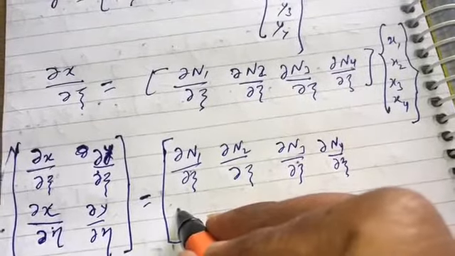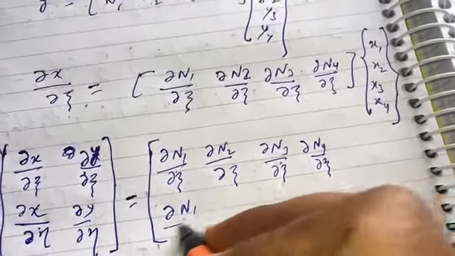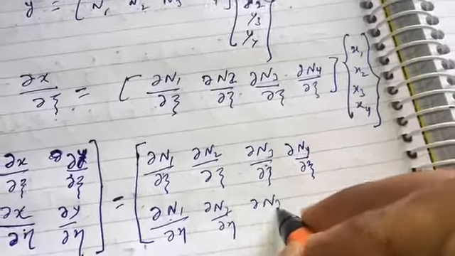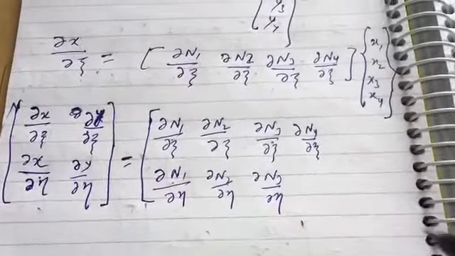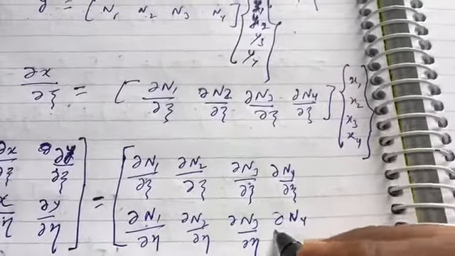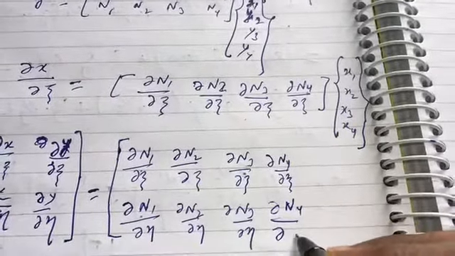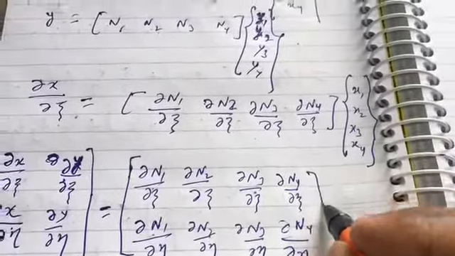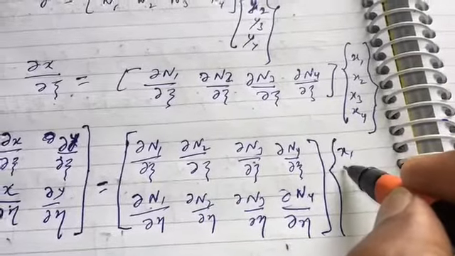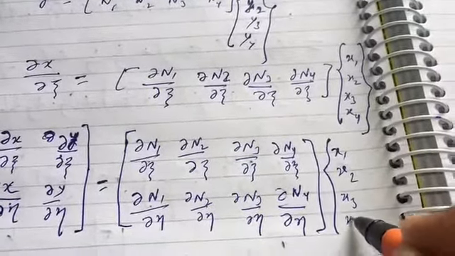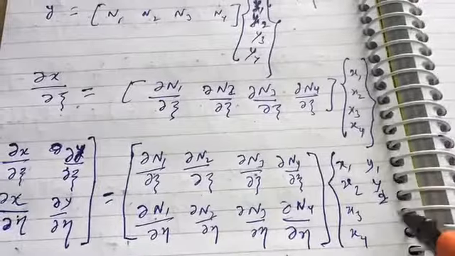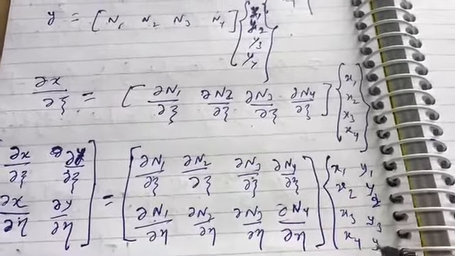Similarly here del n1 del eta, del n2 del eta, del n3 del eta, then del n4 del eta, and multiplied by x1 x2 x3 x4 and y1 y2 y3 and y4.